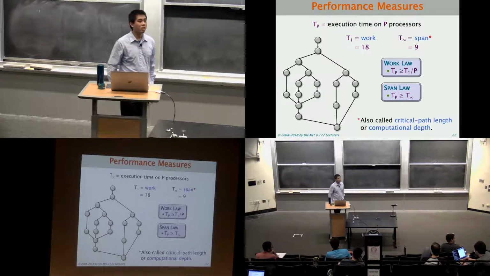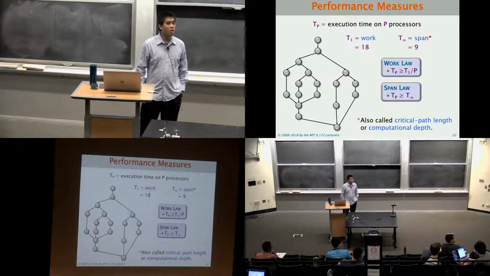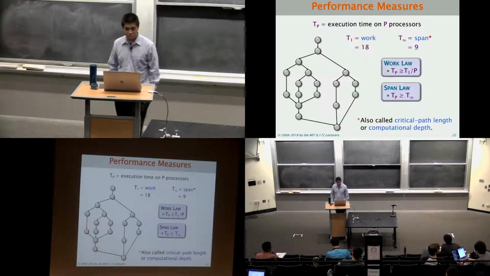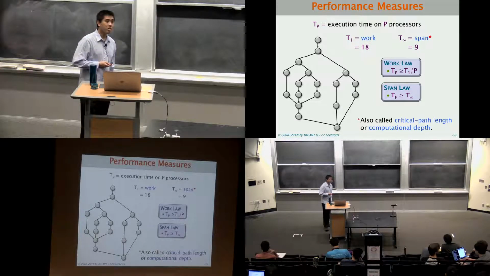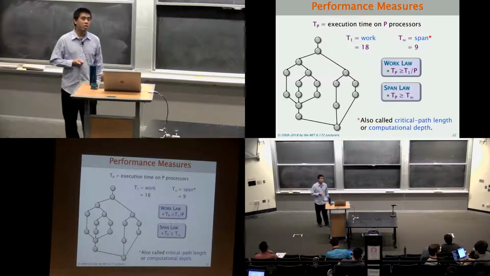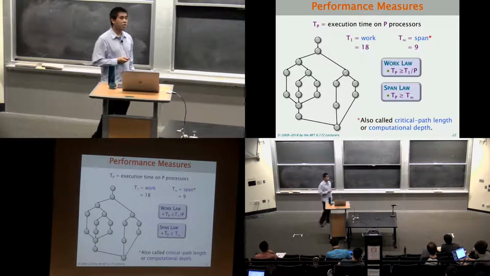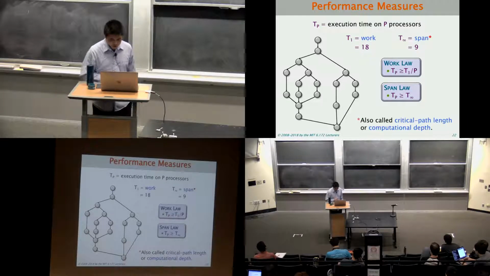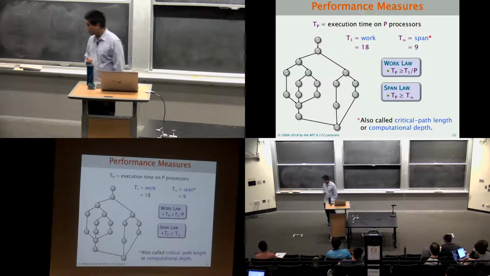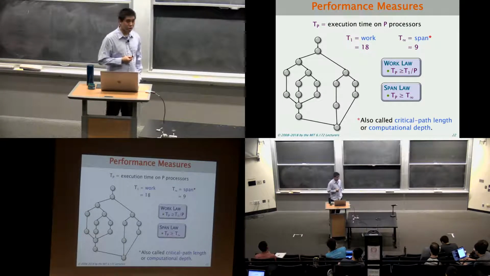Well, we already specified that span is the lower bound. Even if you have a different processor for every other path, you're still bounded by this critical path. Yeah. Another way to see this is that if you had an infinite number of processors, you can actually simulate a P processor system.